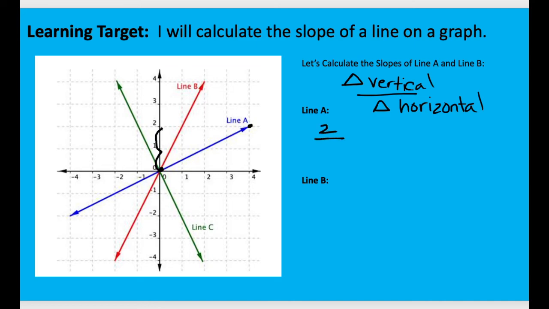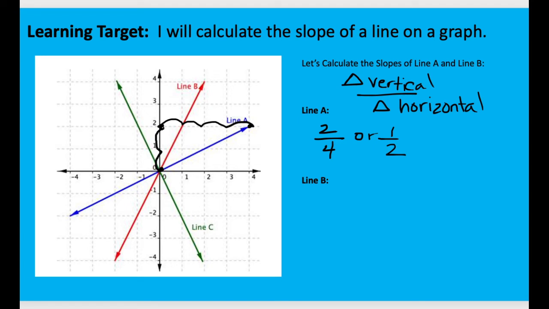Now to calculate the horizontal distance, I'm going to go from here all the way over to here to see how many units that would be. That's 1, 2, 3, 4. So the denominator is 4. So my slope is 2/4, or 1/2.